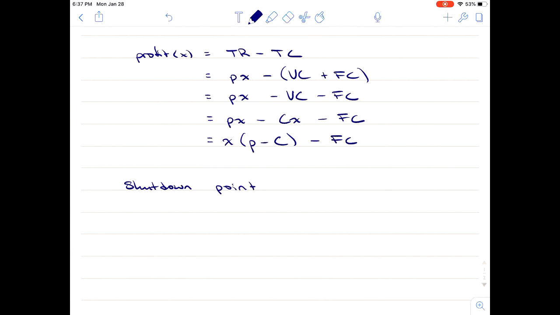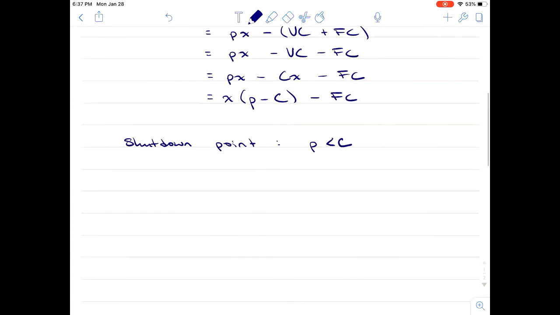You shut it down when P is less than C. When the price that you're able to charge for the item is less than the cost to produce it, you gotta shut it down. You can't be producing more if it costs more than what you can sell it for. So that's the shutdown point.